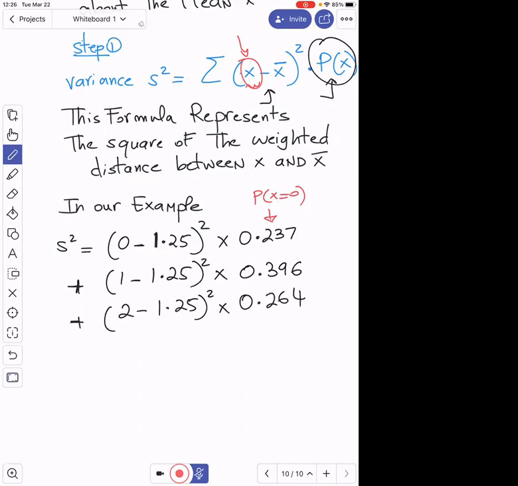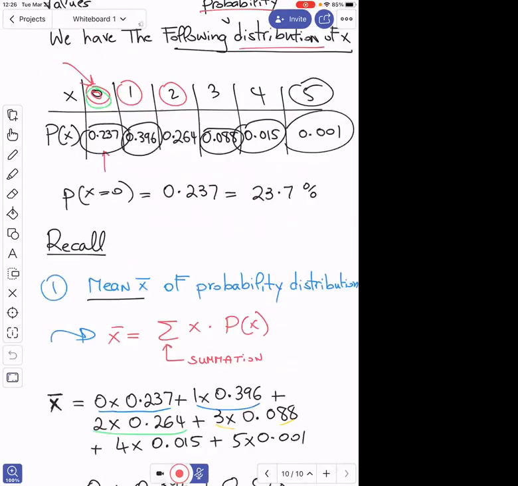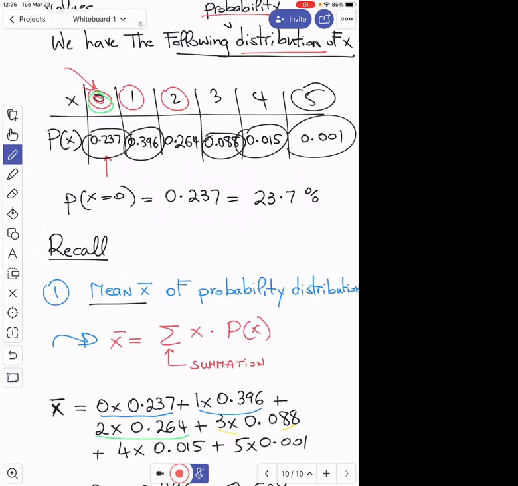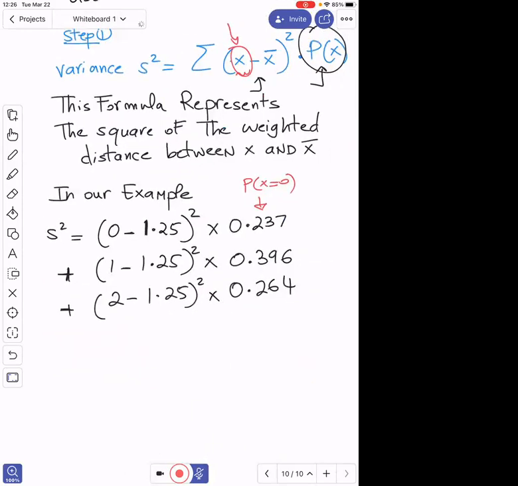Again, the probabilities, guys, are just from your probability distribution table. That's how I got the 0.264 from the table.